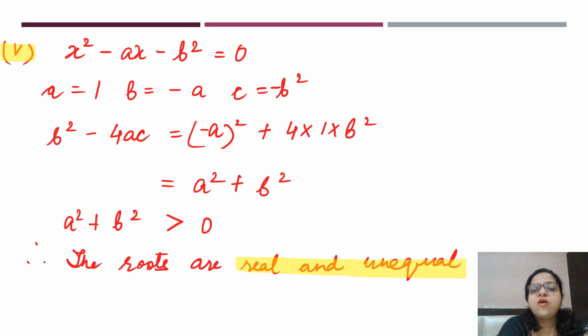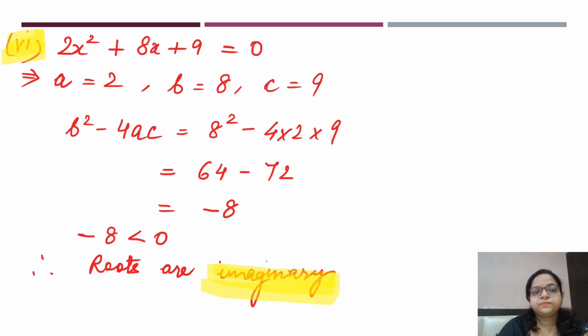Now the square of any number is always positive, so adding two positives will always give you a positive, and that is greater than 0. Therefore the roots are real and unequal. Understood, children? Because a square plus b square is positive, the roots are real and unequal.